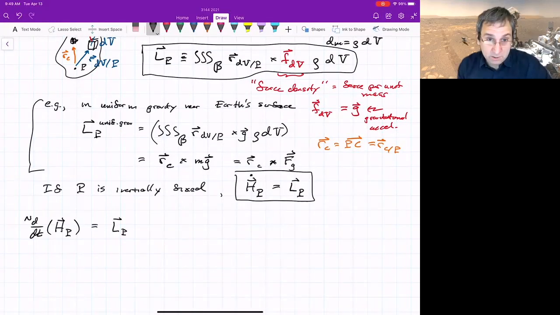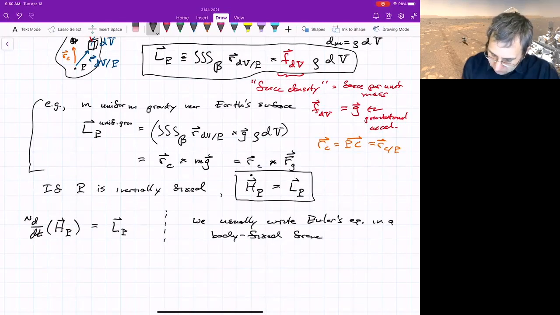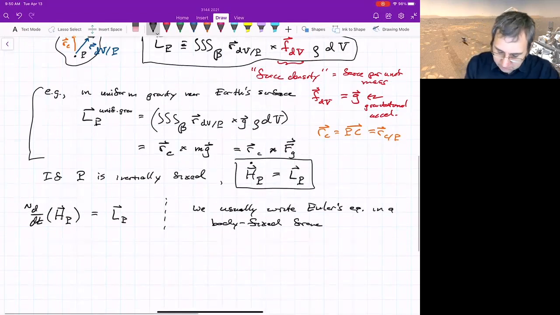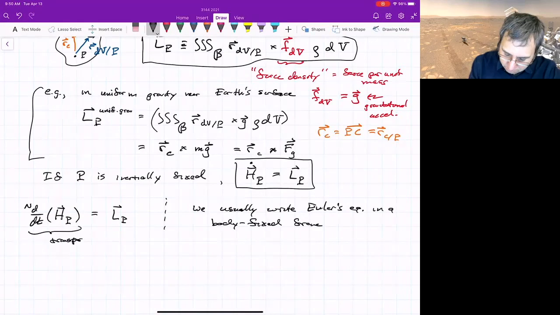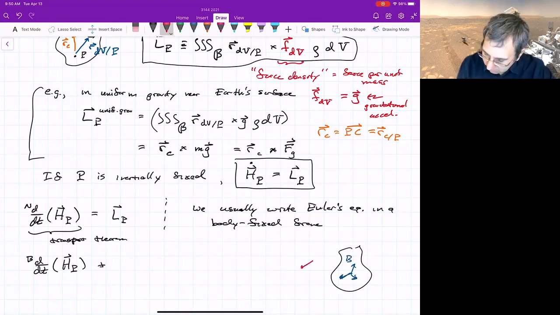You write it that way, but we usually write Euler's equation in a body fixed frame, which means we want to take the derivative with respect to a body fixed frame. So we now use the transport theorem. The transport theorem would say take the derivative with respect to the body fixed frame plus, and now we're talking about one frame with respect to another frame. Here's the B frame and the N frame.